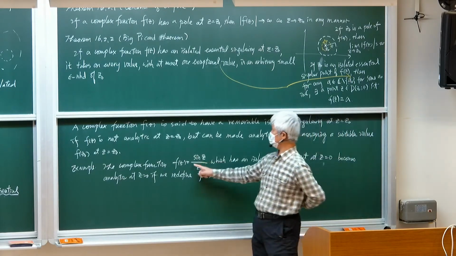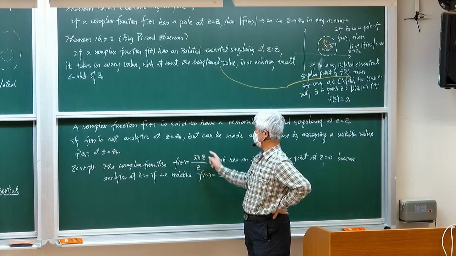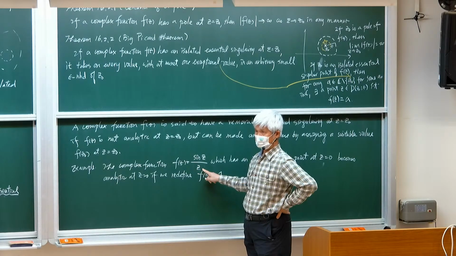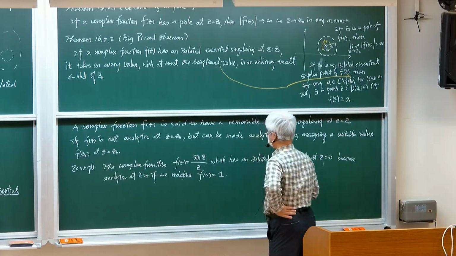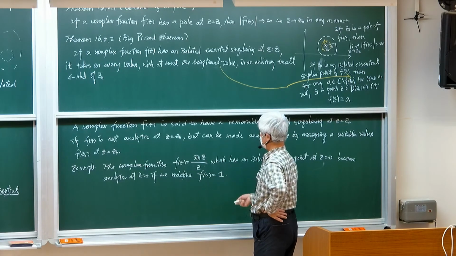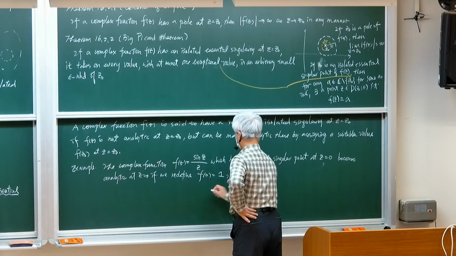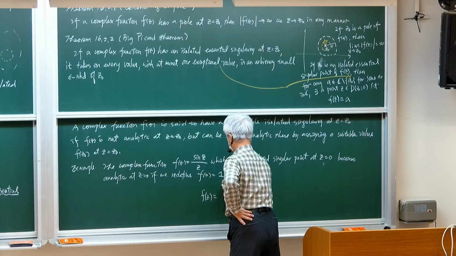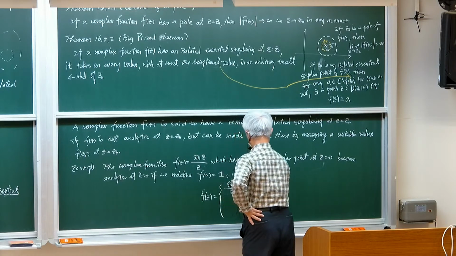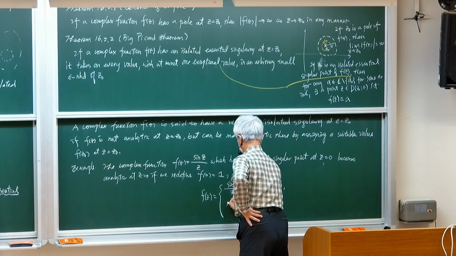Originally, with this formula, we cannot define this function at z equal to 0. But if we redefine f of 0 to be 1, so the definition is here, and 1.